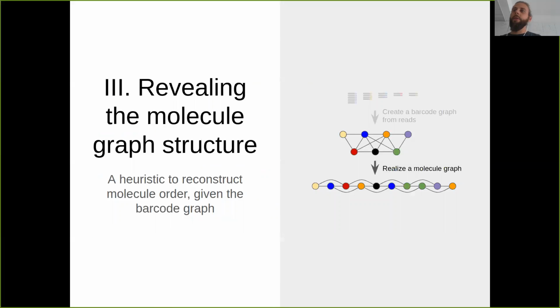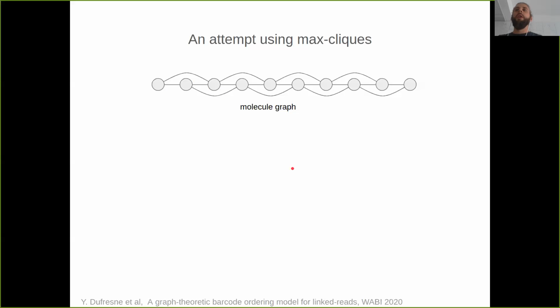So now let's try to realize a molecular graph through a barcode graph. The molecular graph, when it's well balanced like that, is composed of max cliques that are all of the same size.